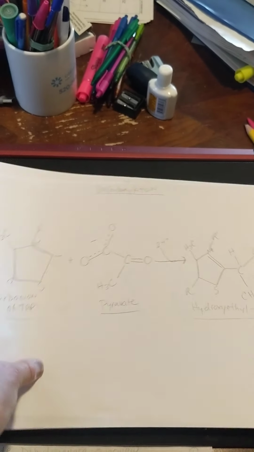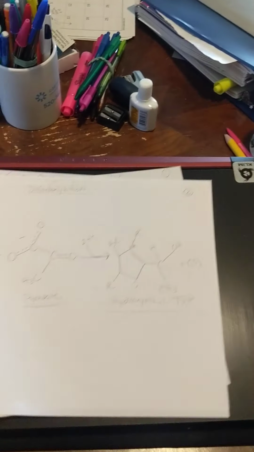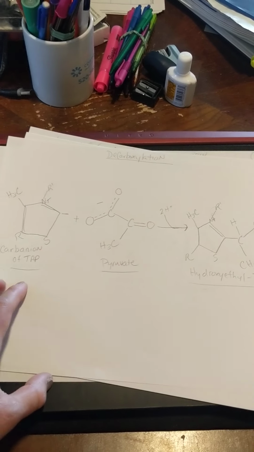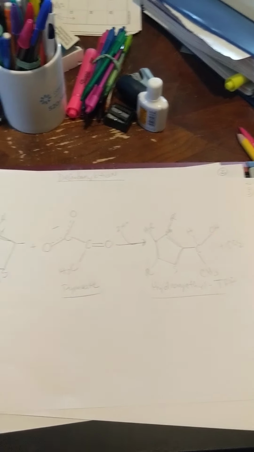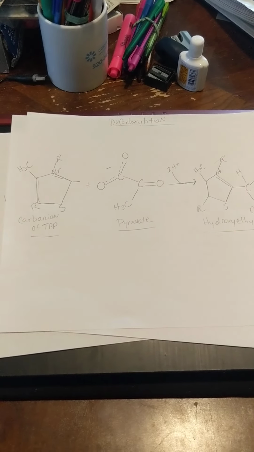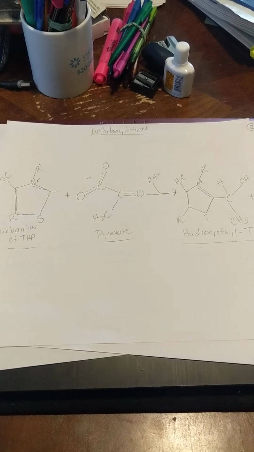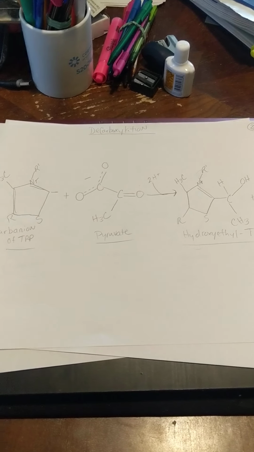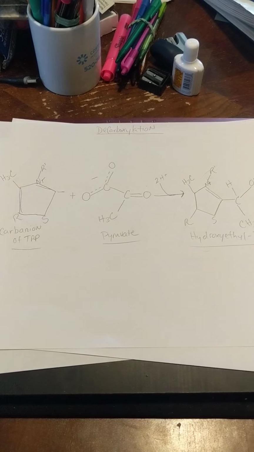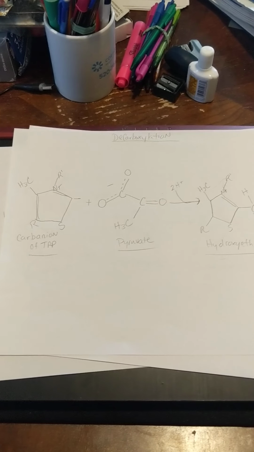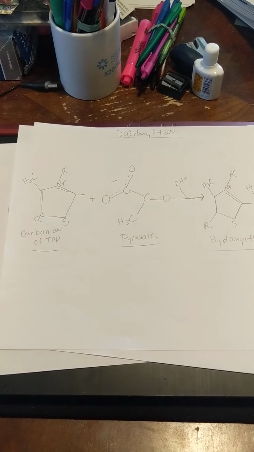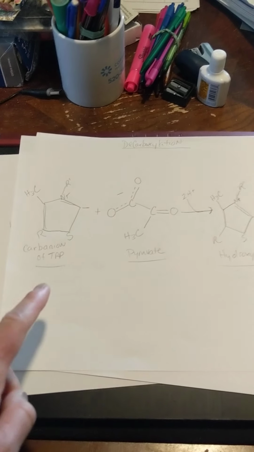So the next diagram shows the process of decarboxylation. And so during decarboxylation, the pyruvate combines with the ionized carbanion form of TPP and then is decarboxylated to yield hydroxyethyl TPP.